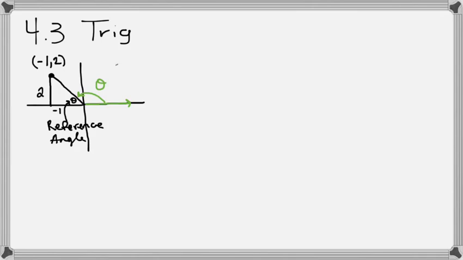Good. We have -1 squared plus 2 squared, which gives us 5. So C would equal the square root of 5. So here we have the square root of 5.